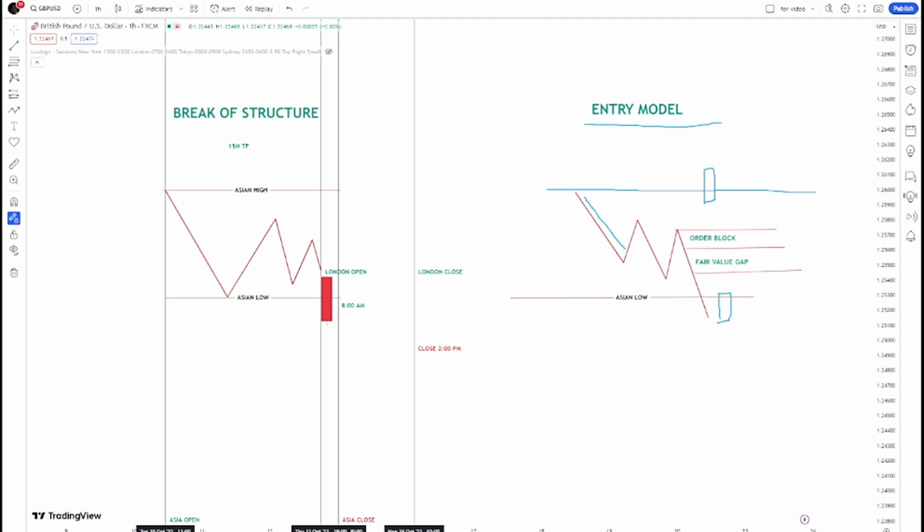So as it breaks off from this low of the Asian session, we are looking for what? Order block entry and the fair value gap entry. These are the 2 entry models you need whenever you have a break of structure from the Asian low. Is that clear? I don't want to make this video too long, and that's why I simplify everything in this very zone.